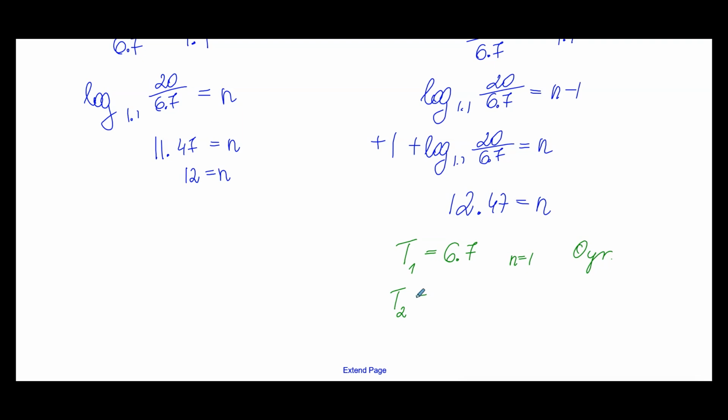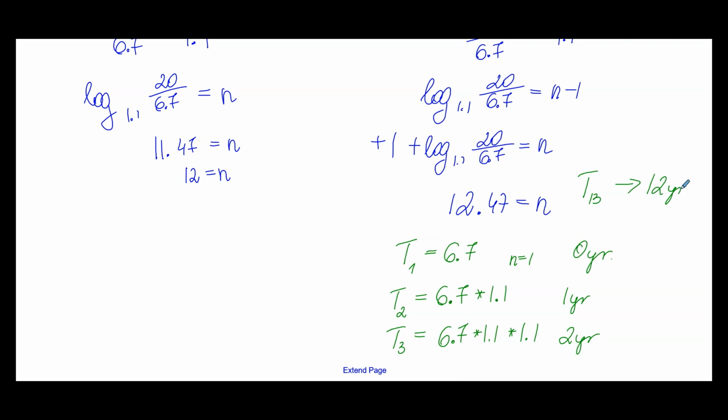Then term 2 will be 6.7 multiplied by 1.1, so that is my first year gone. Term 3 will be my second year, multiplied again by 1.1. Therefore, here it is term 13, but term 13 means 12 years.